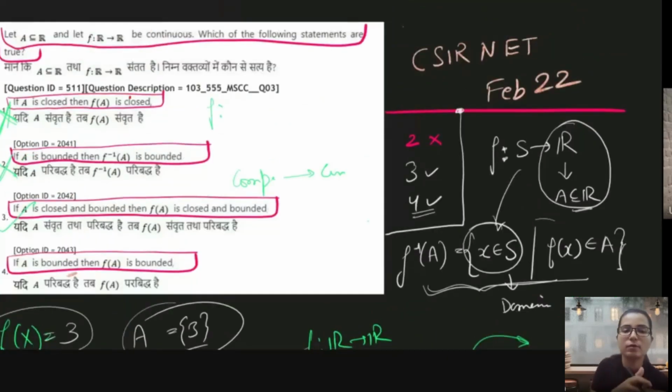If A is bounded, then f of A is bounded. It is a subset of the domain, which is the real numbers. How can you say that it will be a subset of a closed set?